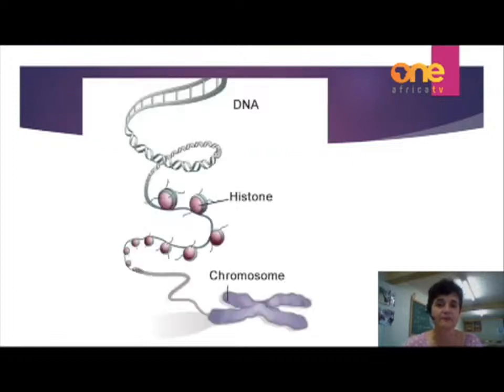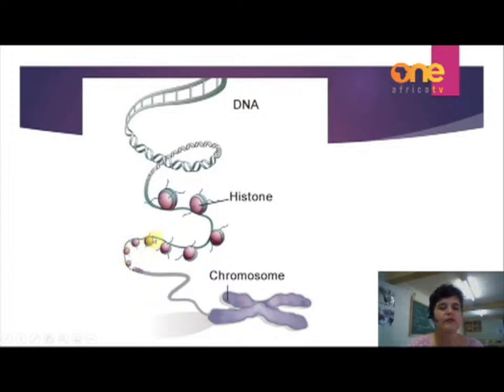So if I look at the chromosomes and I can unravel a chromosome, I will see the following. I will see that it is actually a tightly curled up and packed string. This string is curled around proteins.